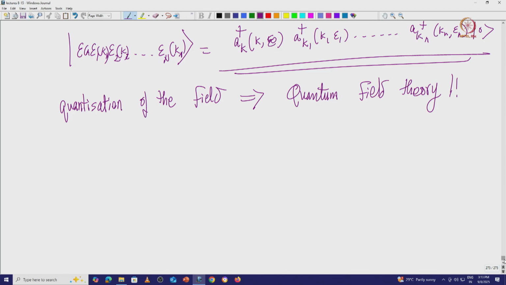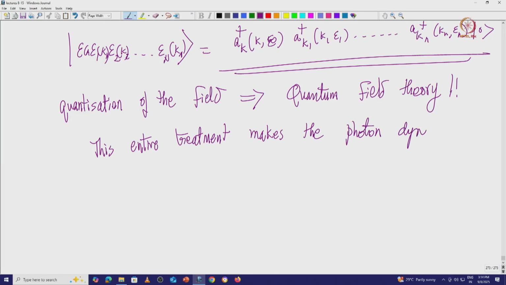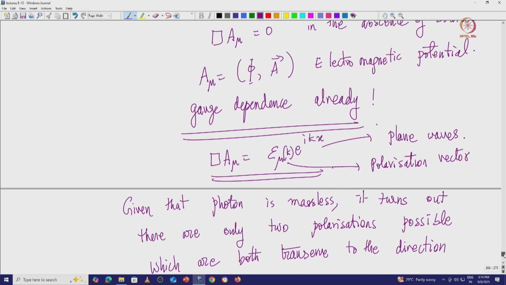This entire treatment makes the photon dynamical and particle-like.